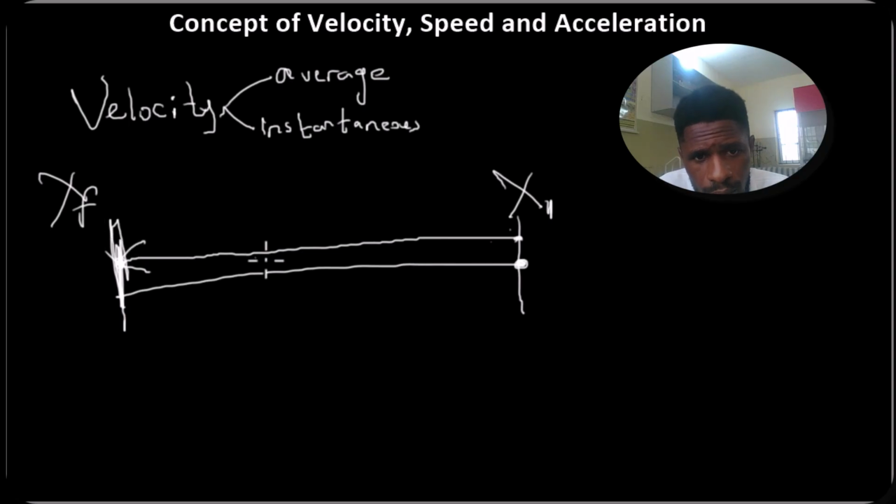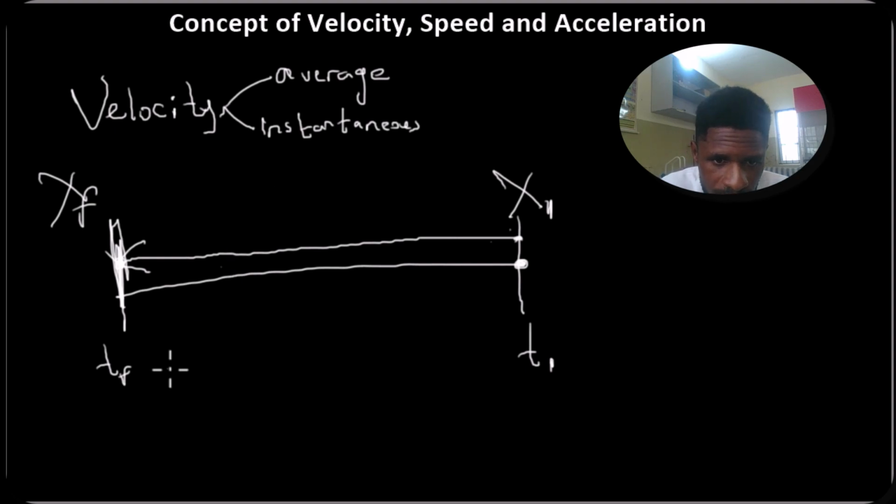Now, it is not possible for an object to change its position without the inclusion of time. What do I mean? When my car is here, initially it has a time, t initial, and when my car gets to this final point, it has another time, let's say t final. Now when I divide my displacement over the time taken during this motion, then I'm talking about velocity.